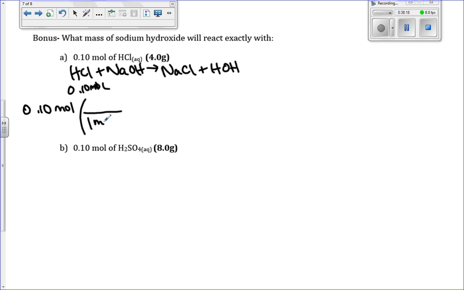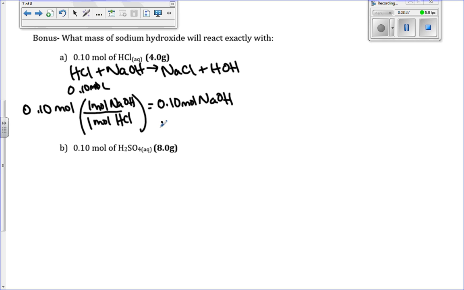We have 1 mole HCl and 1 mole NaOH equals 0.10 moles of NaOH.